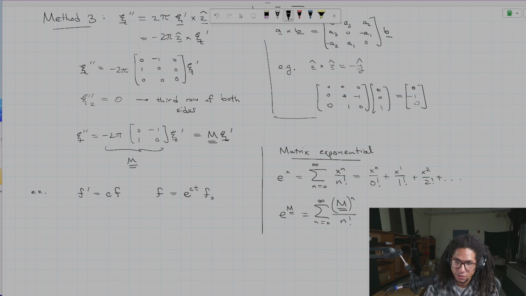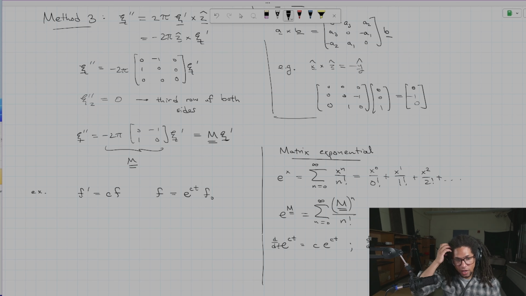Great. Another thing that I should point out here in my sidebar is that just as e to the ct has derivative c e to the ct, so too does d/dt of e to the M t, where M is a matrix, have derivative M e to the M t.